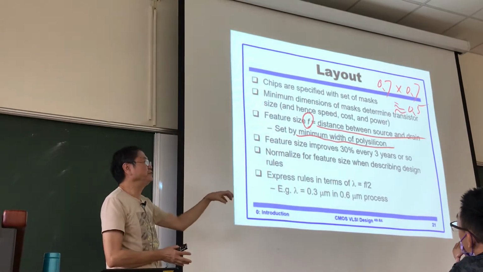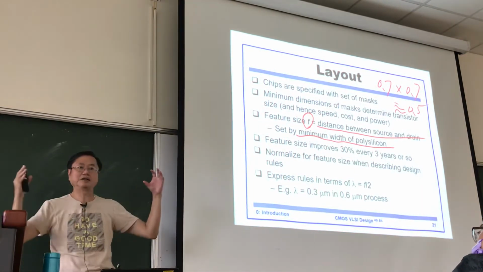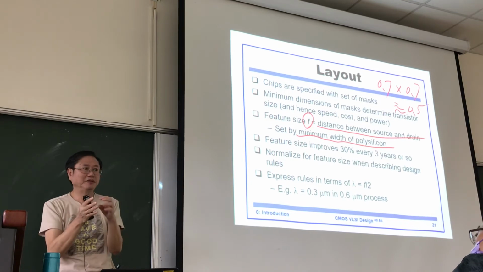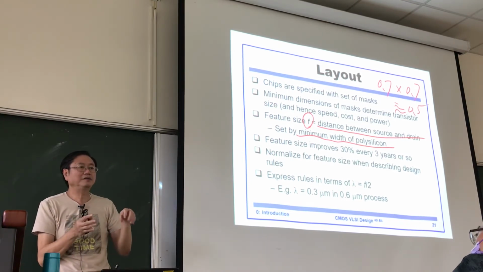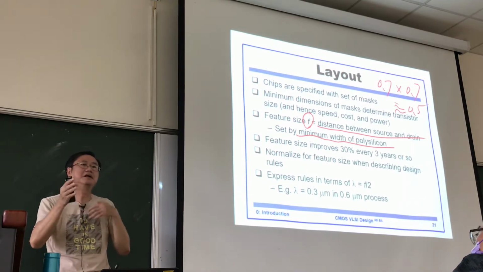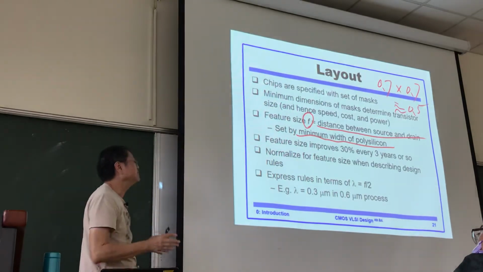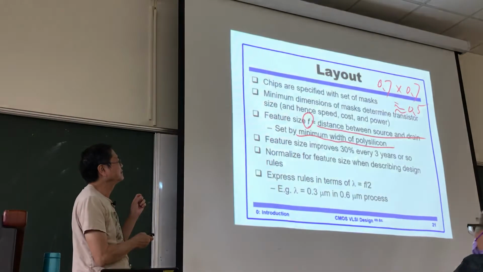The circuit doesn't actually change from this generation to the next, because you are shrinking everything to 1/2 in terms of chip area. The transistors are smaller, and their relative sizing and relative distances are the same, proportional to the feature size. Okay?